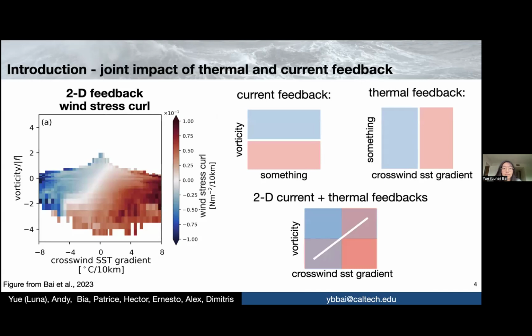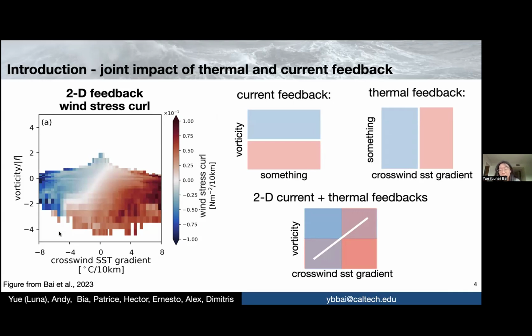So here is a study that we led in our group about the joint impact of the thermal and current feedback. In this study, we explored a very energetic region in the Southern Ocean. And our main result is called this 2D feedback, concentrated on the wind stress curl.